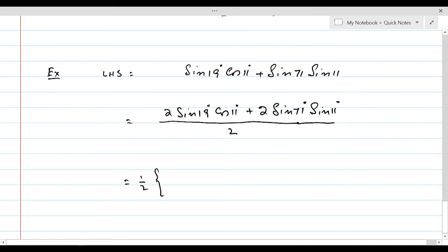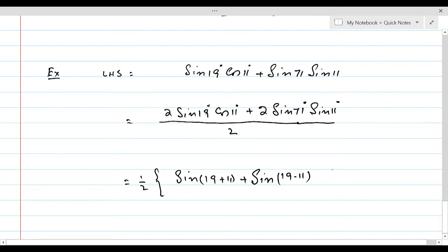this is sine times cos. So this is the case of the first formula, in which we write sine of 19 plus 11 plus sine of 19 minus 11.